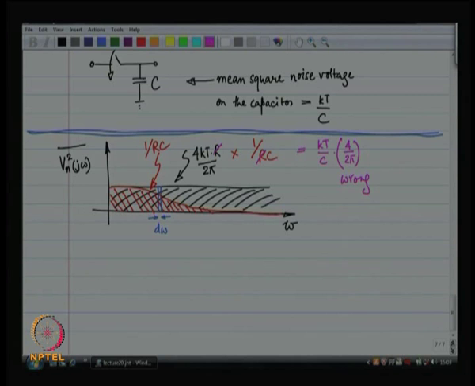You should be getting 1 over there, not 4 by 2 pi, which is less than 1, but the kT over C part is correct, and that gives you the intuitive feeling that the total noise is no longer going to be proportional to R, instead it is going to be inversely proportional to the value of C. Why? Because the cutoff frequency is 1 by RC.